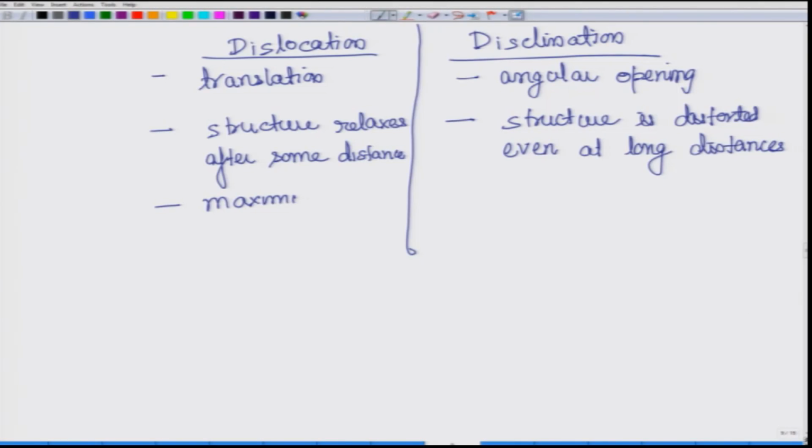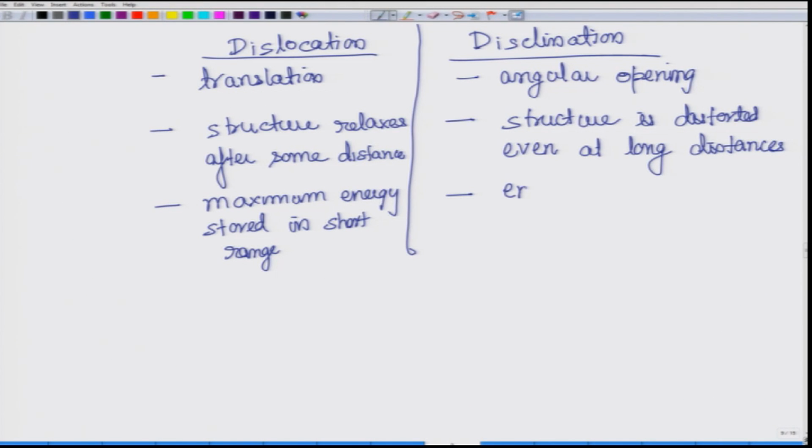So, maximum energy is stored in short range. Theoretically, you can say that there will be some infinitesimally small energy even at long distance for dislocation, but that will be negligible. While in the case of disclination, at long distances you will still be able to add a sufficient amount of energy. So, energy increases even at long distances.